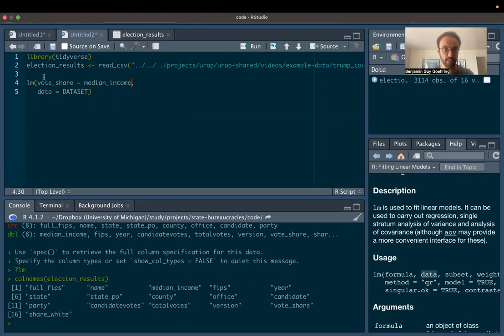We are interested in explaining how vote share varies with median income. And then what data are both of these variables in? They are both in elections.